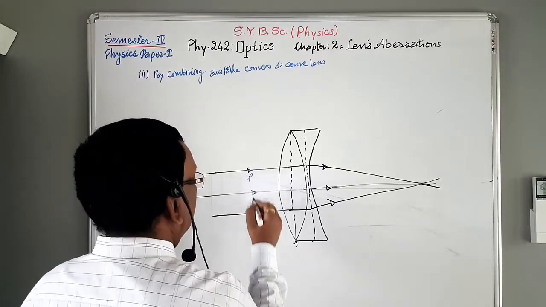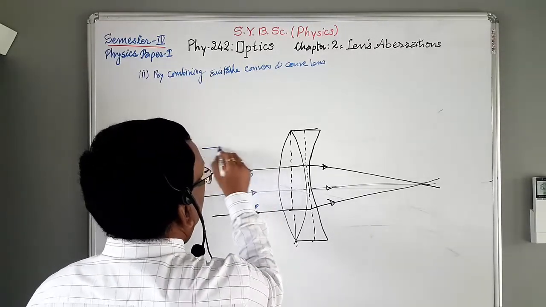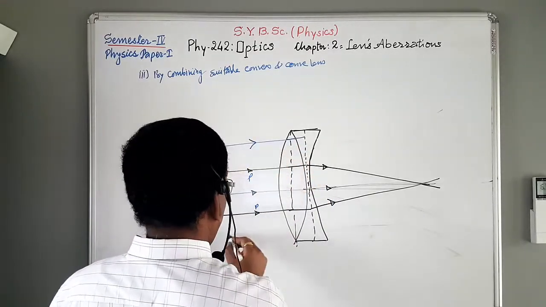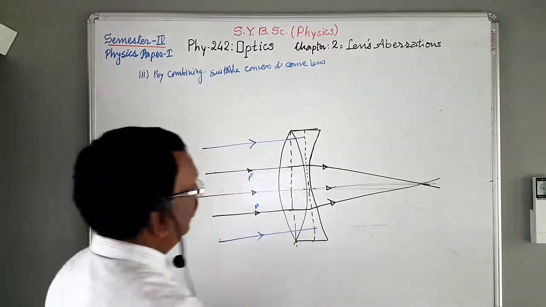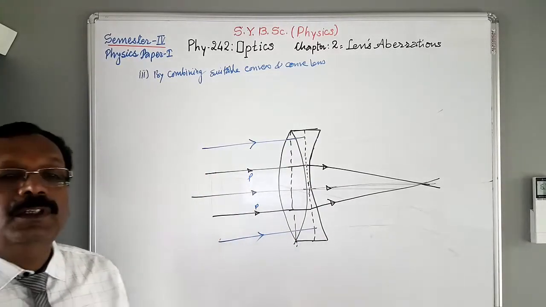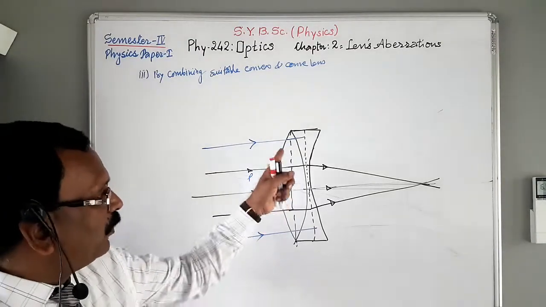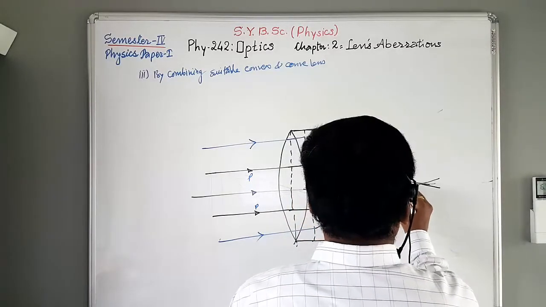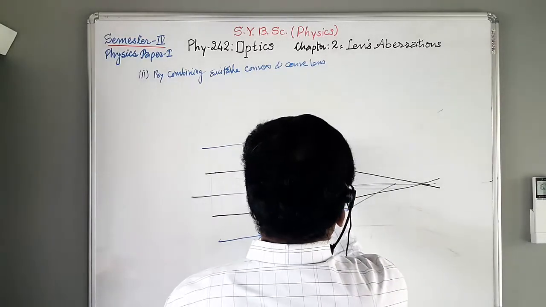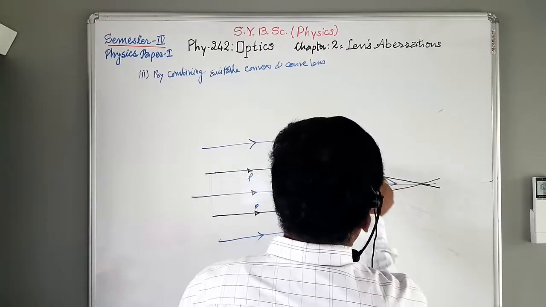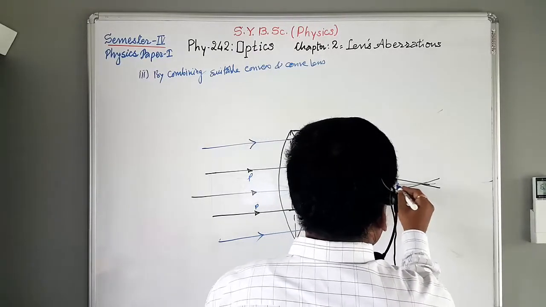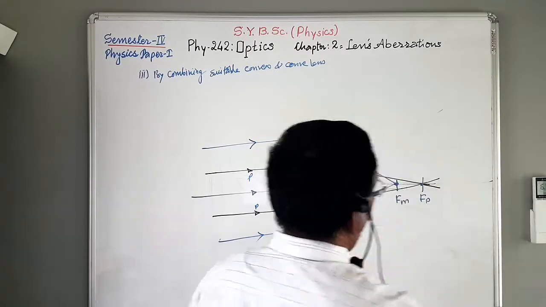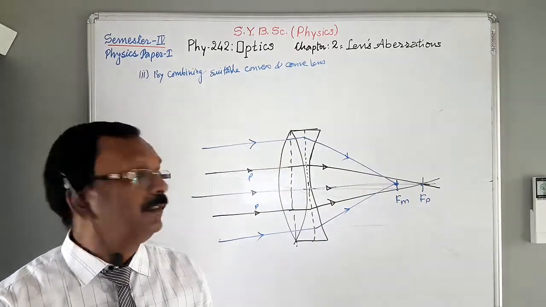These are the paraxial rays and these are the marginal rays, shown by the arrow like this. When we take the combination of convex and concave lens, then after refraction these marginal rays come to focus here, and in this way the aberration is reduced.